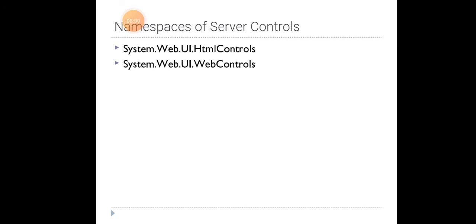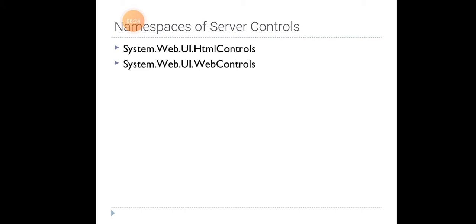Next, what are the namespaces of server controls? Already we studied the different server controls, HTML controls and web server controls. For HTML server controls, we are using the namespace System.Web.UI.HtmlControls. For web server controls, we are using the namespace System.Web.UI.WebControls.